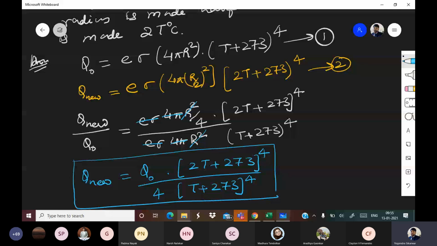One is a polished sphere, one is a rough sphere. For which surface will the rate of heat emitted be more? Polished one or rough one? Quiz question. Tell me.